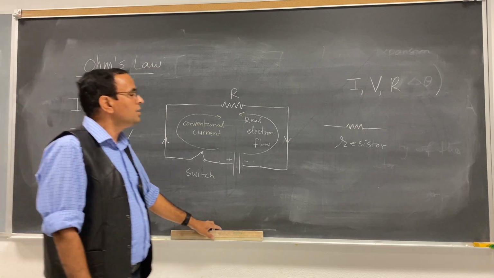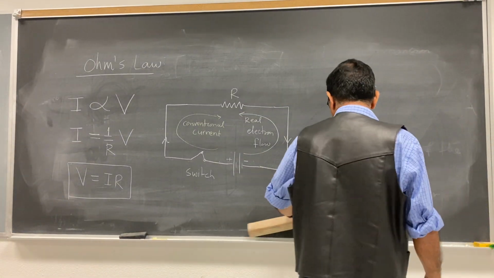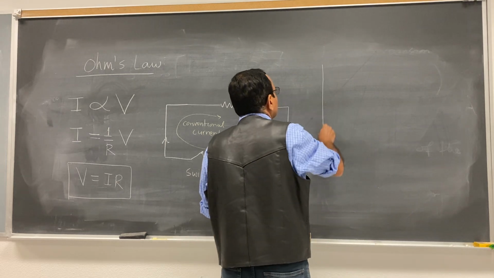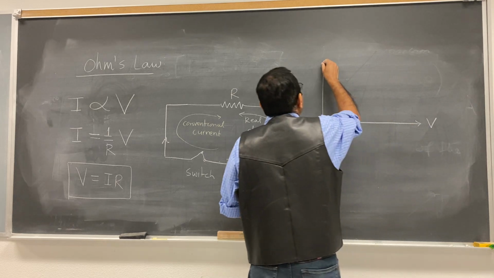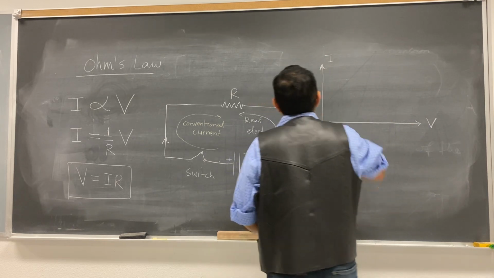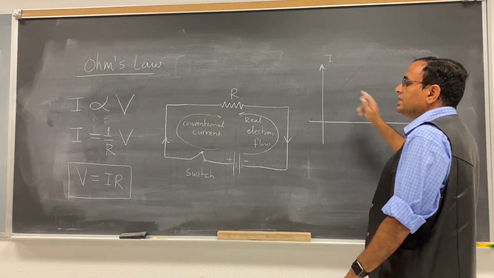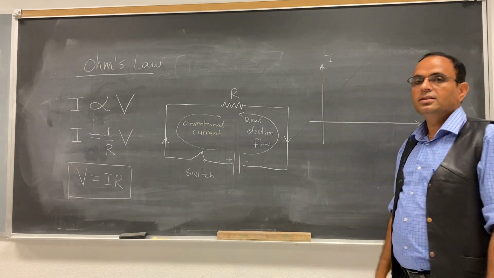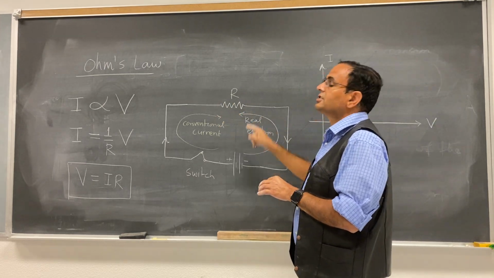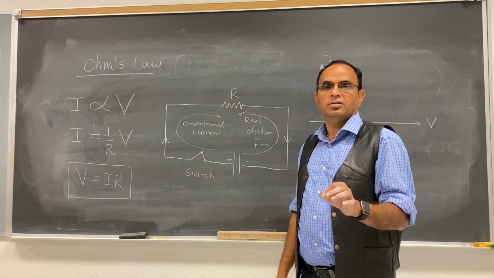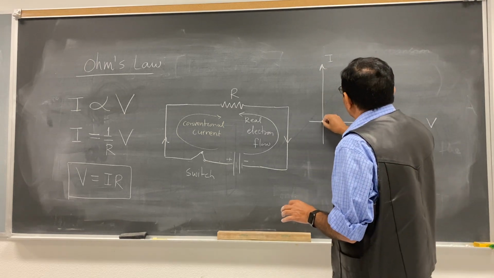Okay, if you plot the graph, let us suppose here you have a voltage and you have a current I there. If you plot the graph between the voltage, the potential difference, and the current, and if your resistor here is a conductor, like a metal conductor, your graph is something like this.